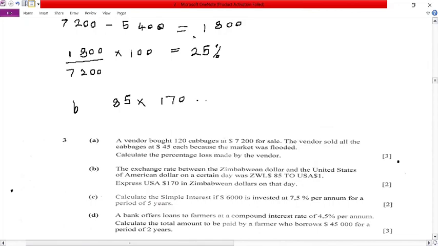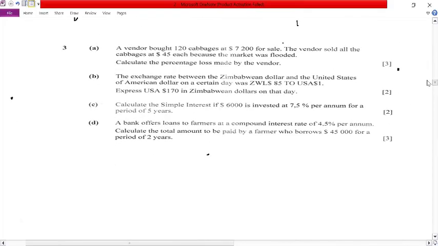So 85 multiplied by 170 we get 14,450 ZWL. Let's move on to part C.